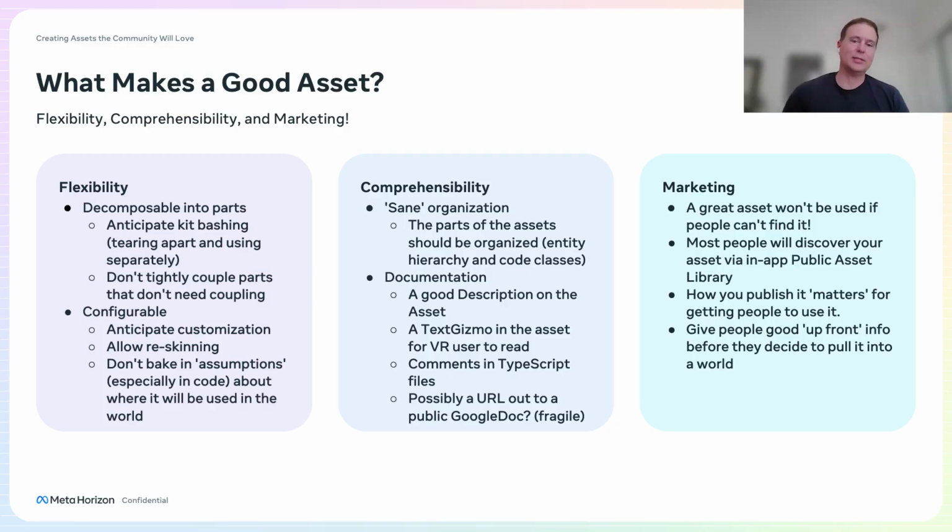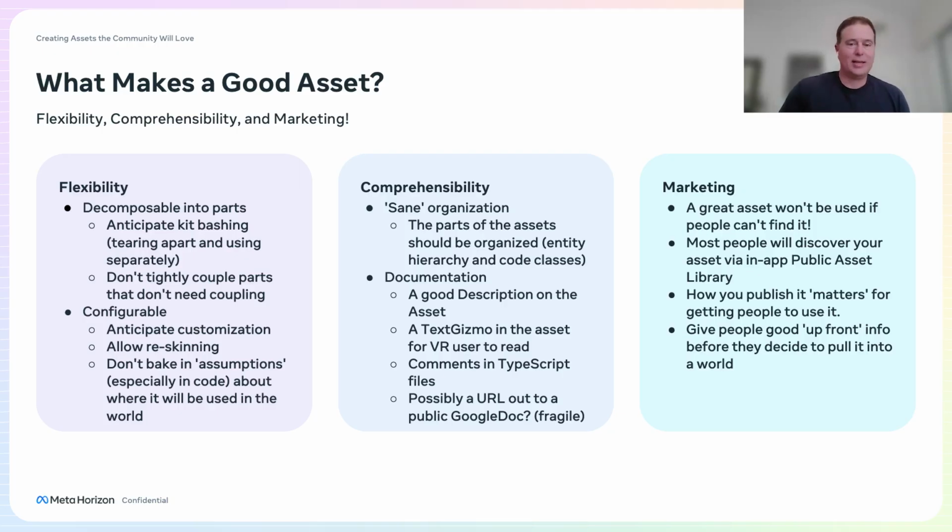A nice text gizmo sitting there that says, oh, you need to wire this to that, and you need to go do this thing, is very useful. Comments in the TypeScript files are also very useful, especially if the TypeScript is complicated. I forgot to mention a good description on the asset itself when you publish it, and we'll talk about publishing a little bit later. Make sure your description describes what your asset does and what its requirements are.